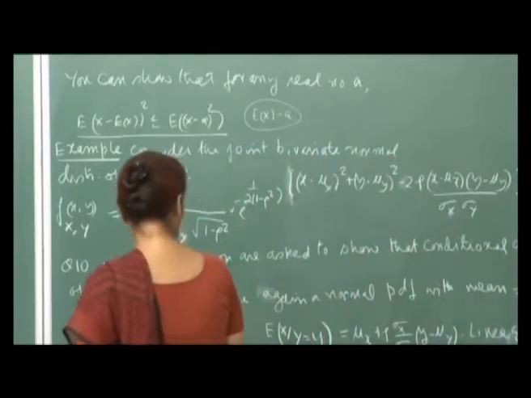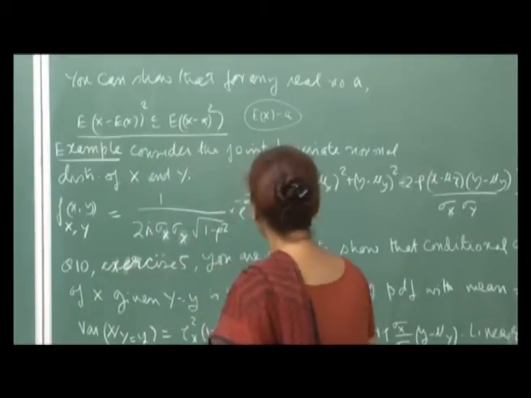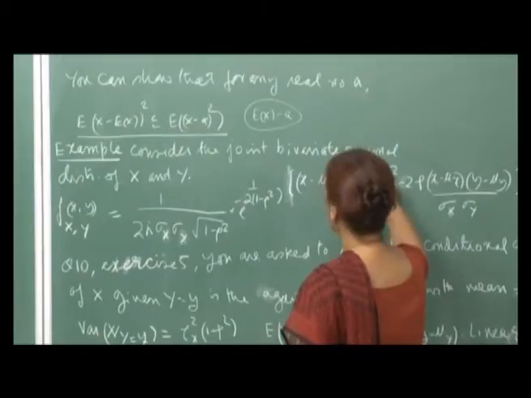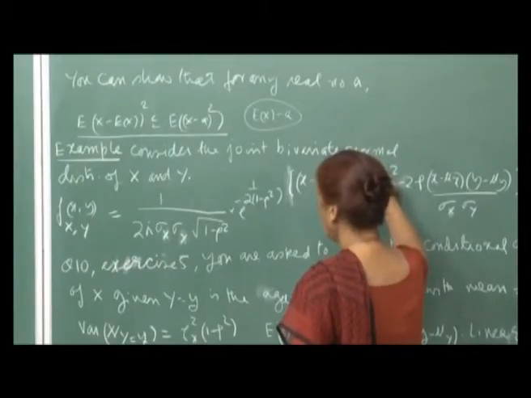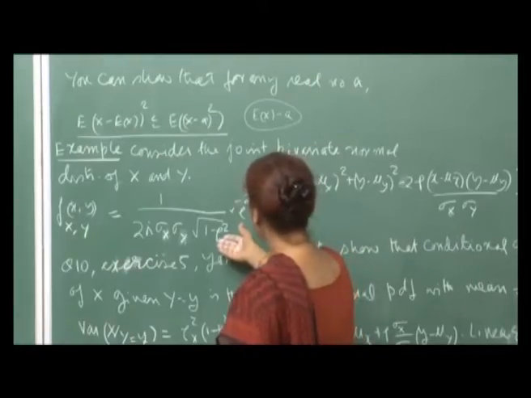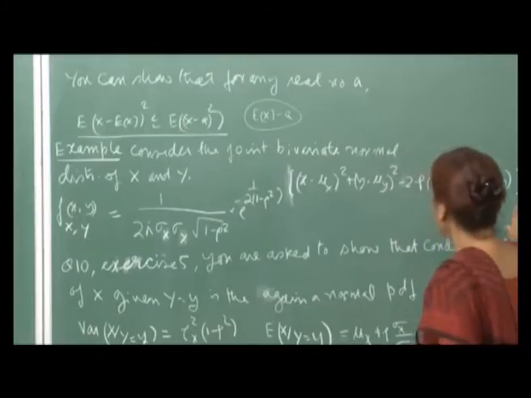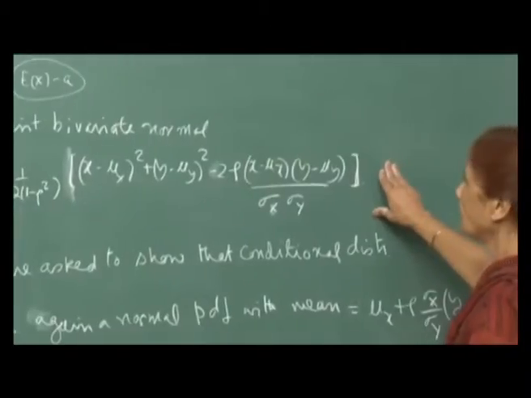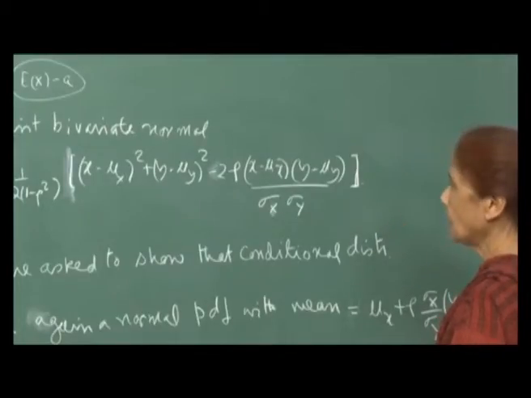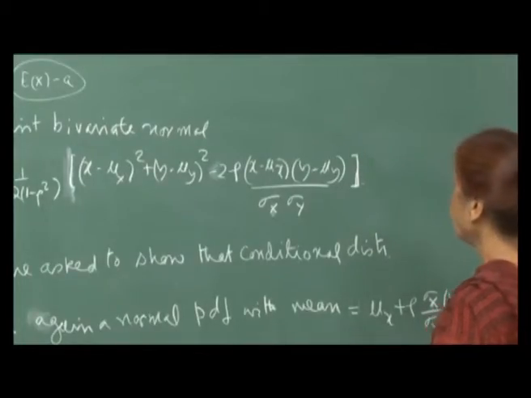Now, look at the example of a bivariate normal distribution of x and y, and we have already looked at this PDF, which is in terms of sigma x, sigma y and rho. These are correlated, because I am just taking the general case; x and y are not necessarily independent.